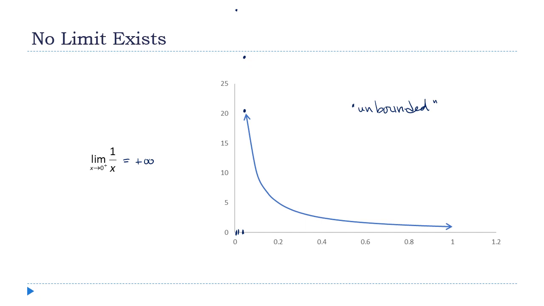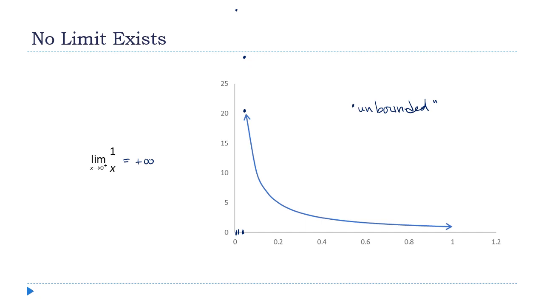Now I want to be clear about this before we go any further. I am not saying that this limit exists. It does not. I'm also absolutely not saying that infinity is a number, like 3 or 7, the other limits that we've seen. All this is, is a notation.